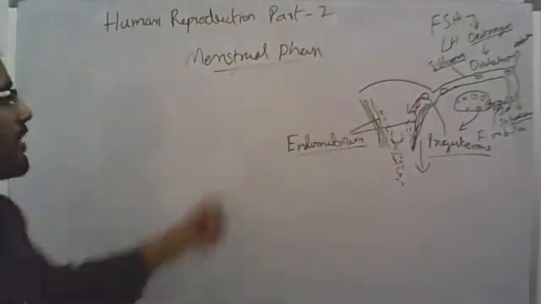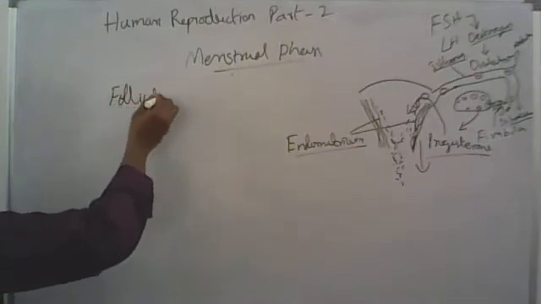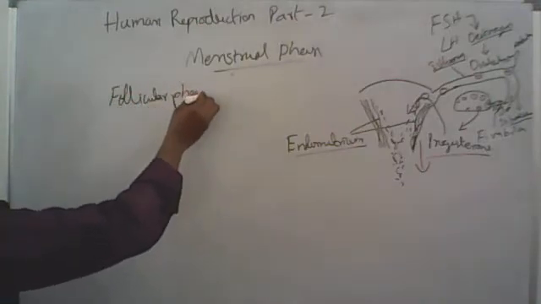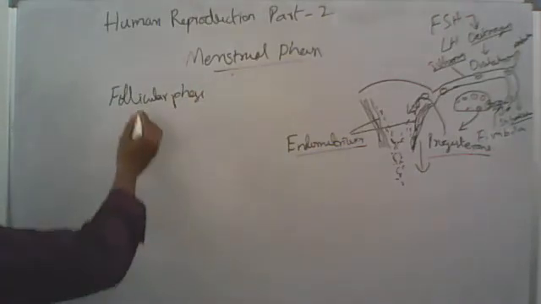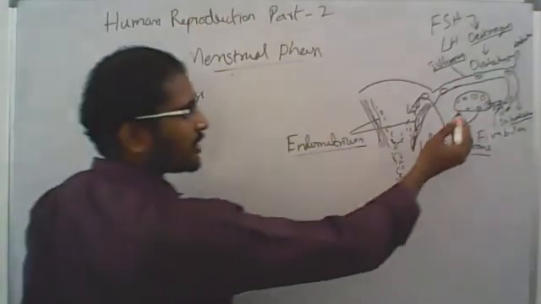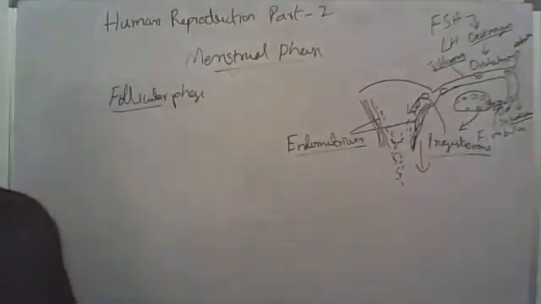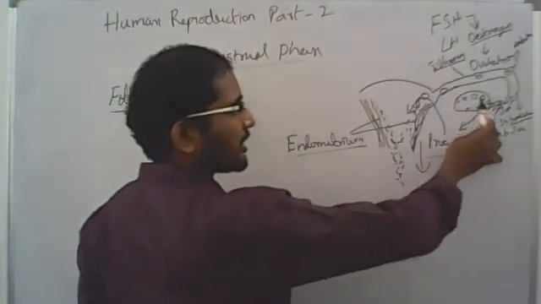The first thing in the menstrual cycle is the follicular phase. The follicular phase is nothing but the maturation of the follicles. The maturation of the follicles starts from this position and they get matured in this phase. We already studied how the follicles are getting matured.